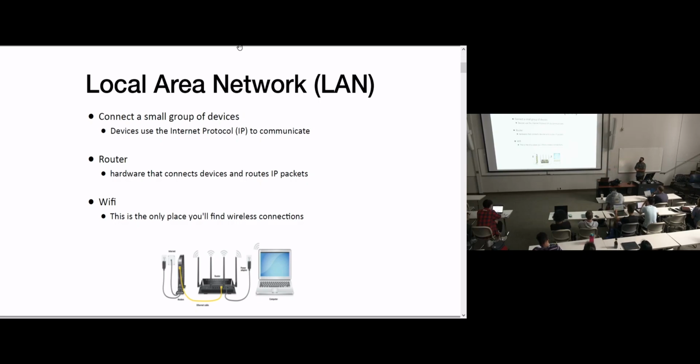So at the lowest level, we have our local area network, which is what we're familiar with. This is what we see in our homes. We have a router connected to a modem that's connecting to the next network, and that router is where we usually have Wi-Fi. That's what we're going to connect our devices to.